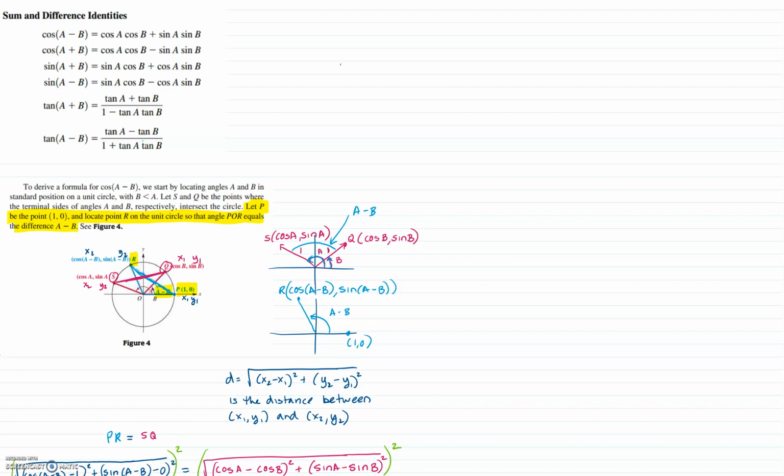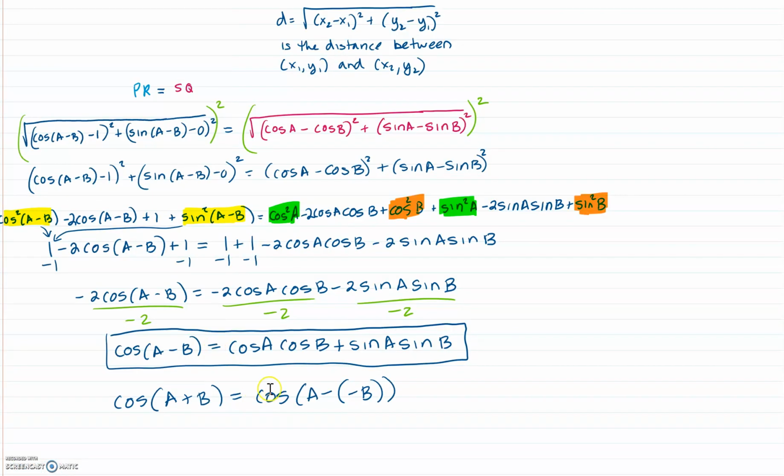The rest of them are not so bad, because what I'm going to do is let B, the second angle, be negative B. If I rewrite this as cosine of A minus a negative B, and I use the formula above, this would be equal to cosine of A cosine of negative B plus sine of A sine of negative B. And from the last section, we saw the even and odd formulas for cosine and sine, we know that cosine of negative B is equal to just cosine of B. It's an even function, so it does not change signs, whereas sine of negative B is negative sine of B, so that changes the sign there.